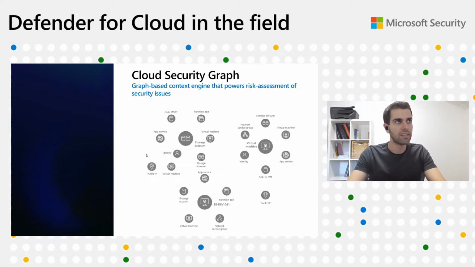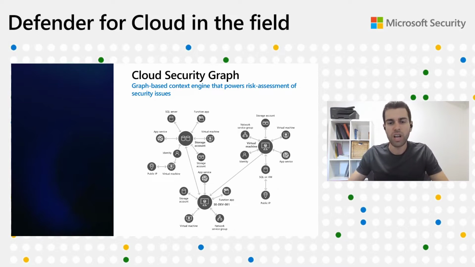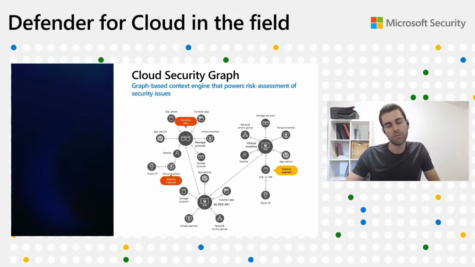The cloud security graph collects data about the asset inventory of the customer, potential lateral movement and connections between resources, exposure to internet, permissions, and a lot of context that is very relevant for security teams and allows us to better assess risk of the cloud environment.